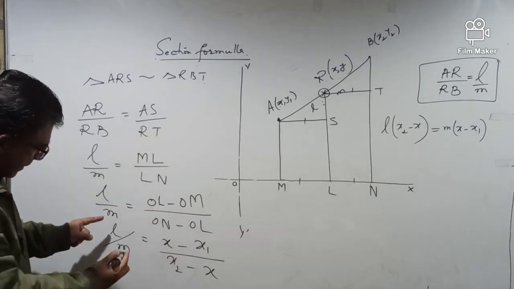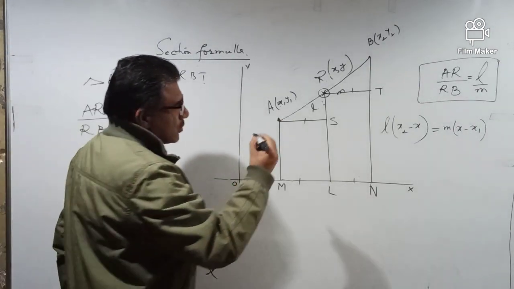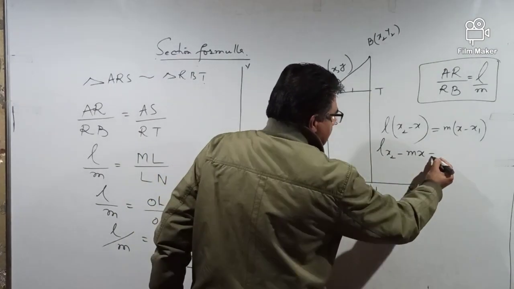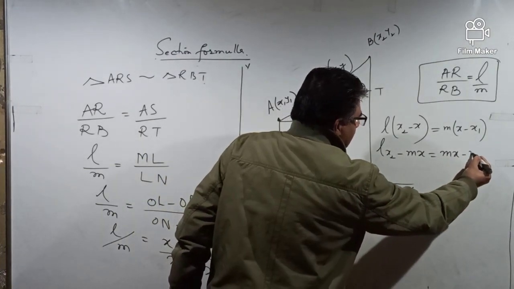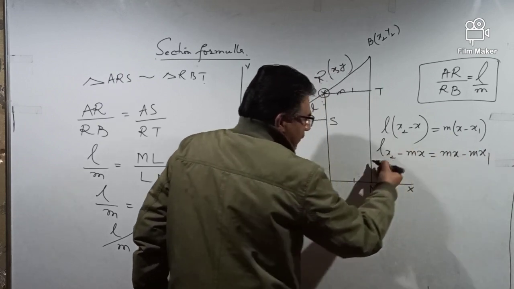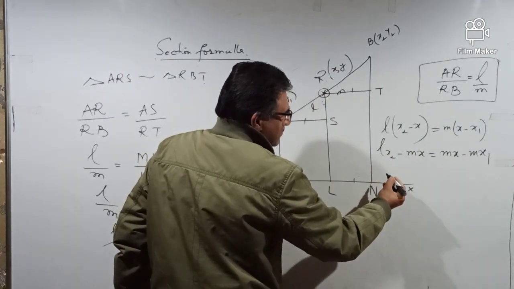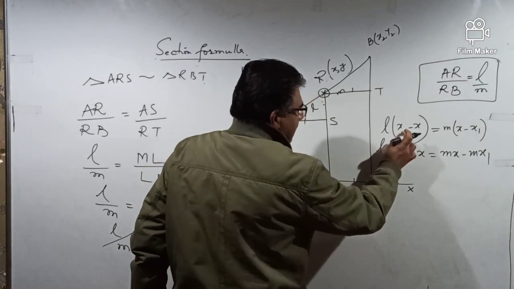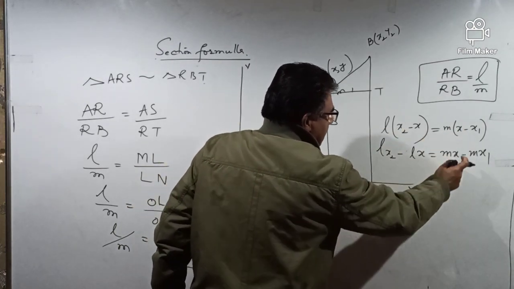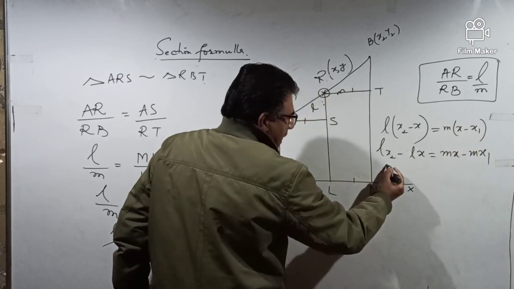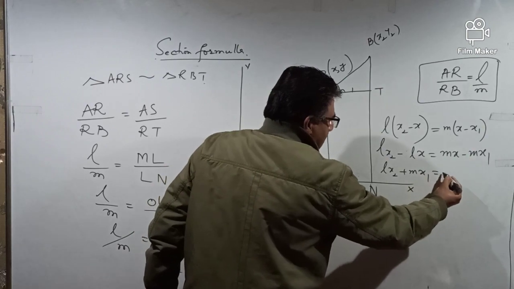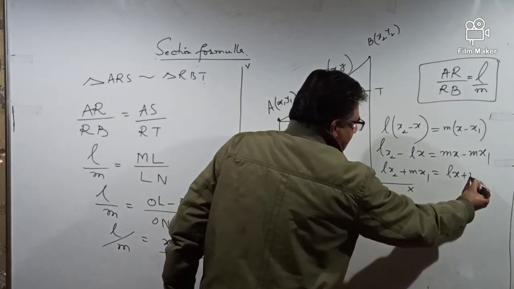Now this is the after cross multiplication. So I will write Lx2 minus Lx is equal to mx minus mx1. Now you take it this side. See, Lx2 minus Lx is mx minus mx1. Now Lx2 plus mx1 is equal to Lx plus mx.